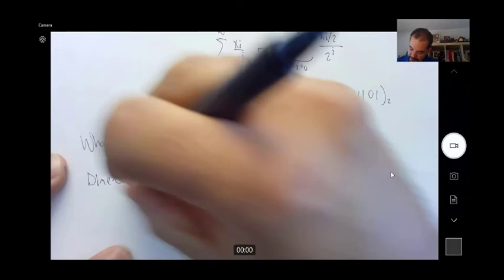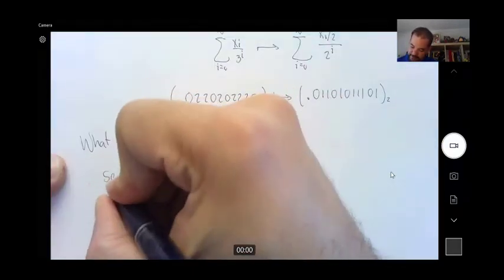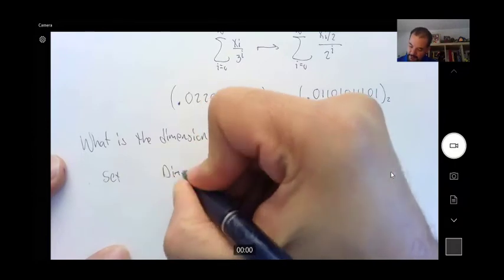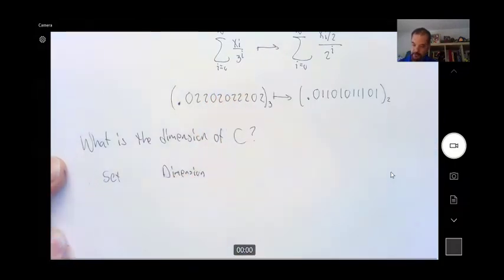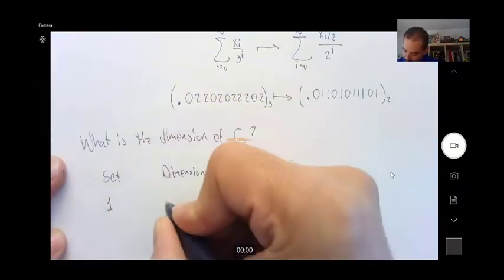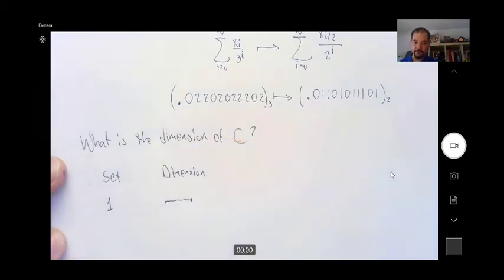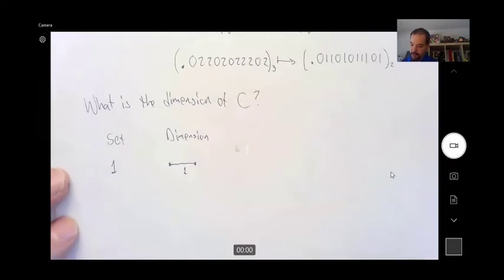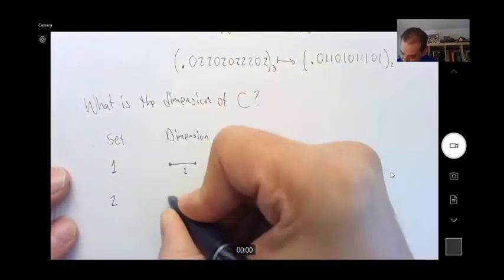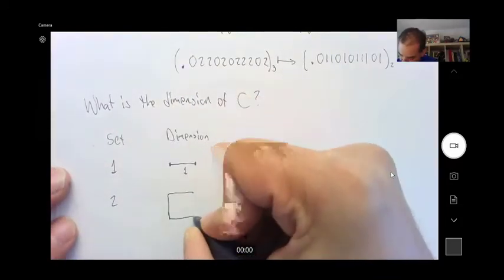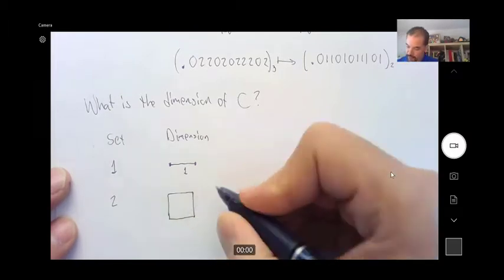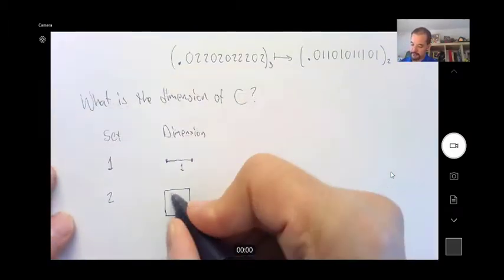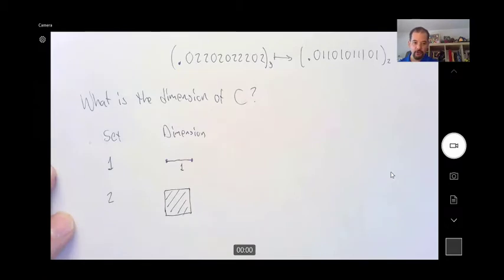Actually, let's write the set here, and over here it's dimension, right? So we start with dimension 1, and we can think about an interval. An interval of length 1 has dimension 1. Then for dimension 2, I can think of a square. A square of length 1 has dimension 2.